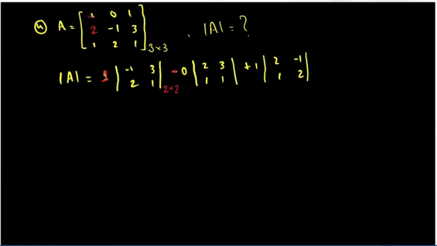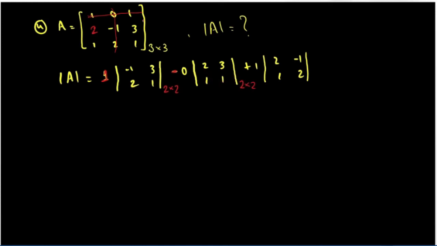So I will hide the first row, second column. So the remaining elements will be 2, 3, 1, 1. So I have written it as a 2 cross 2 matrix: 2, 3, 1, 1.